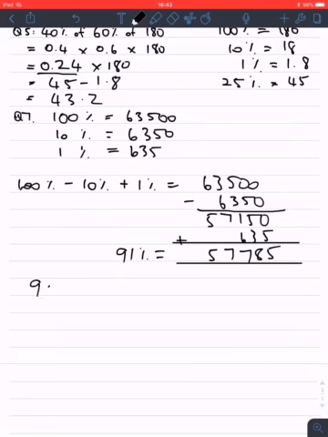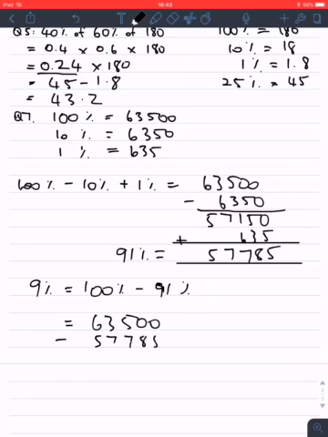So 9% is the answer I'm looking for. It's equal to 100% minus 91%. And that is, what did I say? 63,500 minus 57,785.